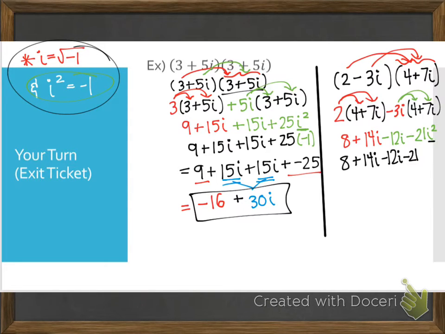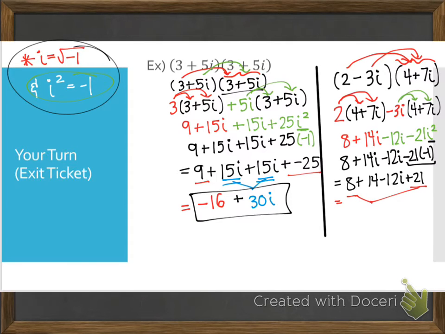And remember that this i squared is equal to -1. Okay, i squared is equal to -1. So this simplifies to 8 plus 14i minus 12i, and -21 times -1 is a positive 21, right? A negative times a negative is a positive. And let's combine our like terms. So we've got 8 and 21.